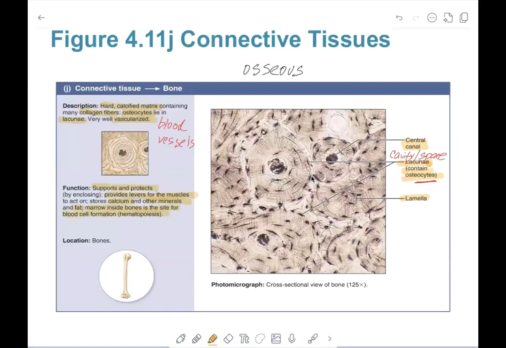And the term for that is called hematopoiesis. So, if I were to ask you on the test which of the following systems is responsible for blood cell formation, you would answer skeletal system. A lot of students make the mistake of saying cardiovascular system because that's where the blood is, but where the blood cells are actually made is from the marrow.